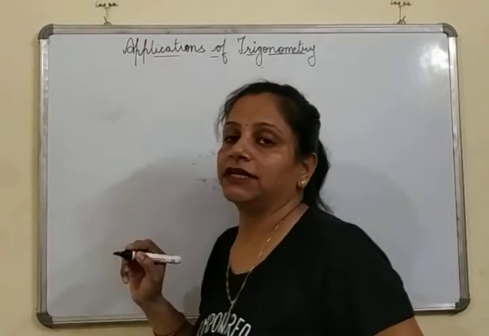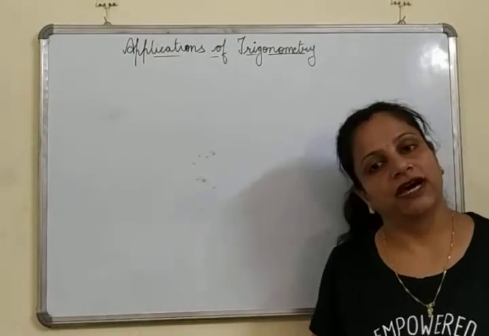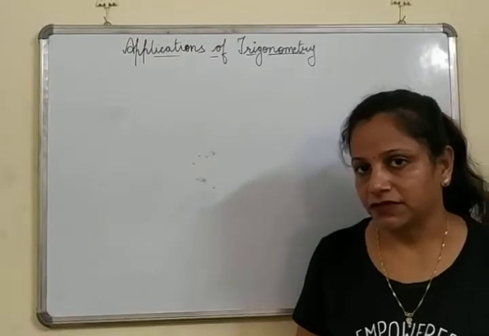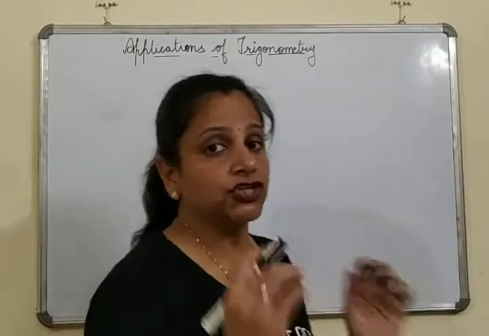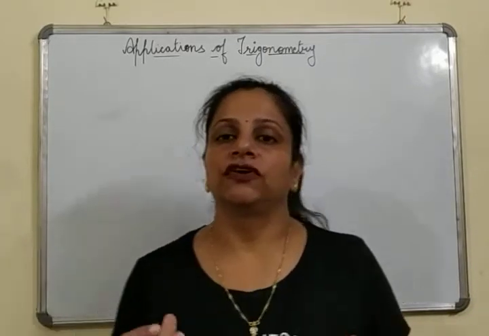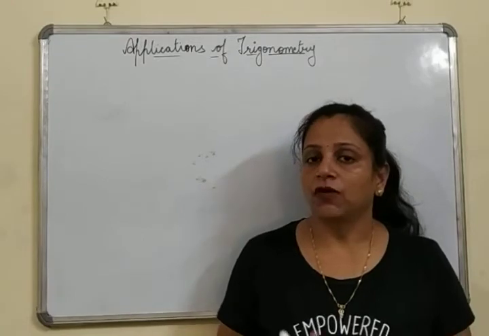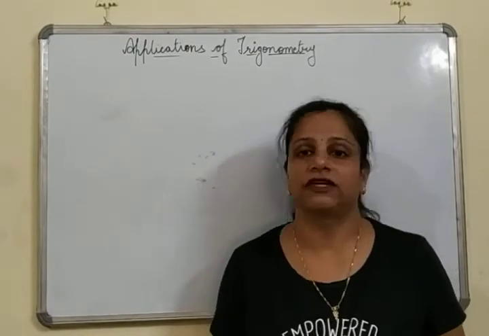Now what does this mean, applications of trigonometry? Previous to this chapter we have done the chapter of trigonometry. That was newly introduced in class 10th. Now what is the application of trigonometry? Means how can we use those 6 trigonometric ratios and where all we can use them?